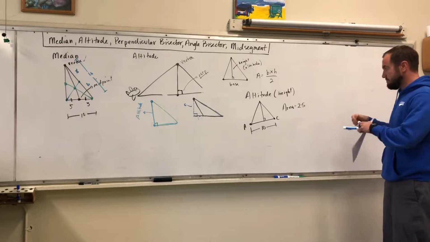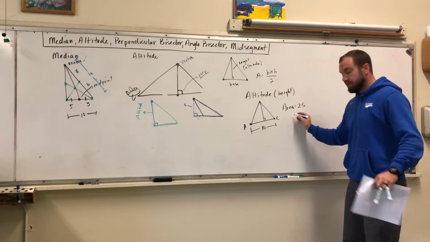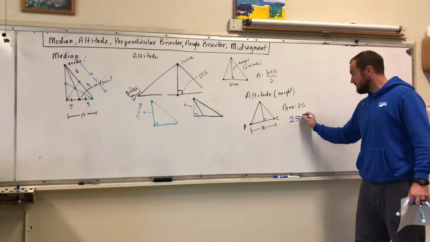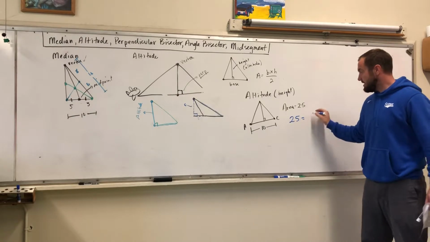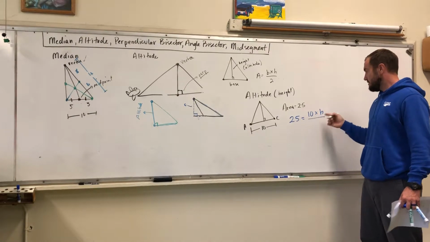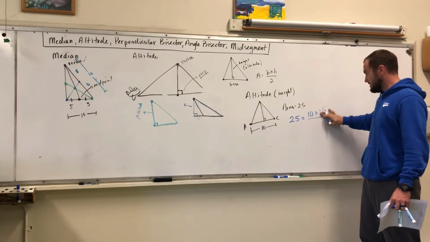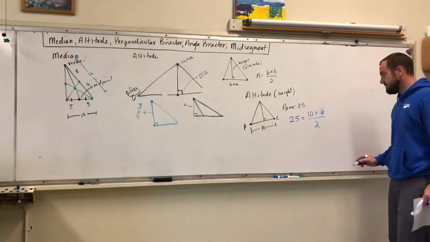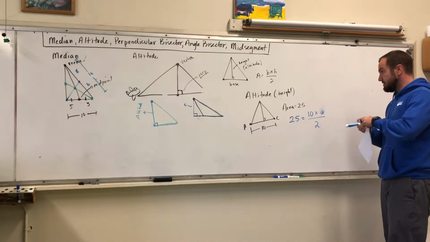Well, that becomes an algebra problem. You know the area is 25. You know your base is 10. 10 times what number, in this case your height, or let's say you're looking for your altitude, divided by 2 gives me 25. Well, I can multiply both sides by 2.